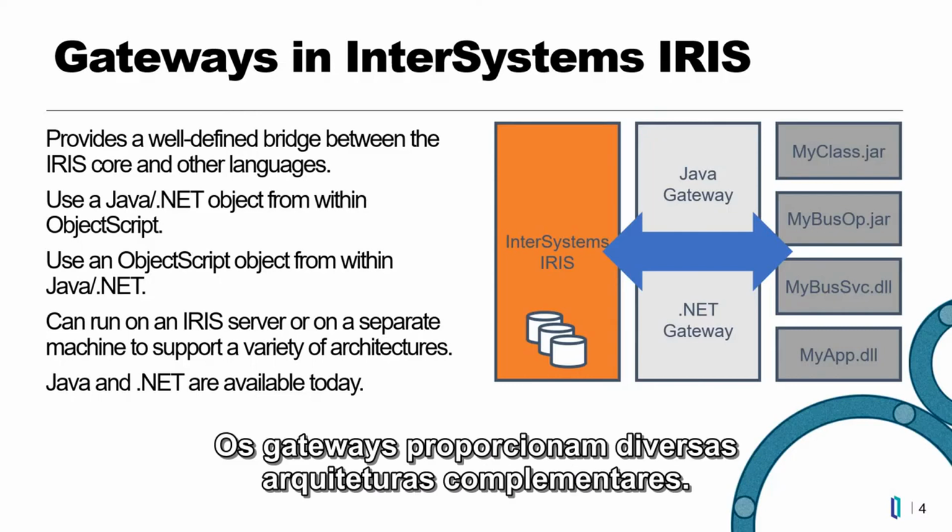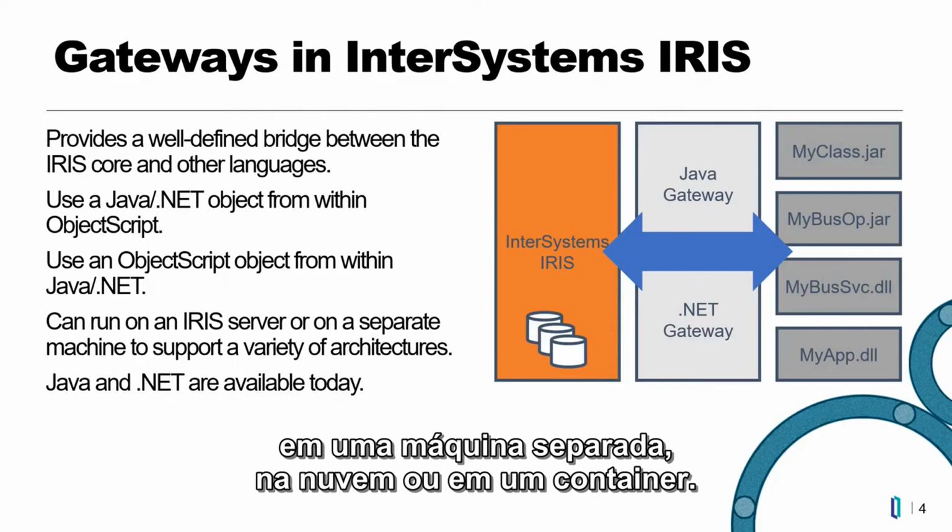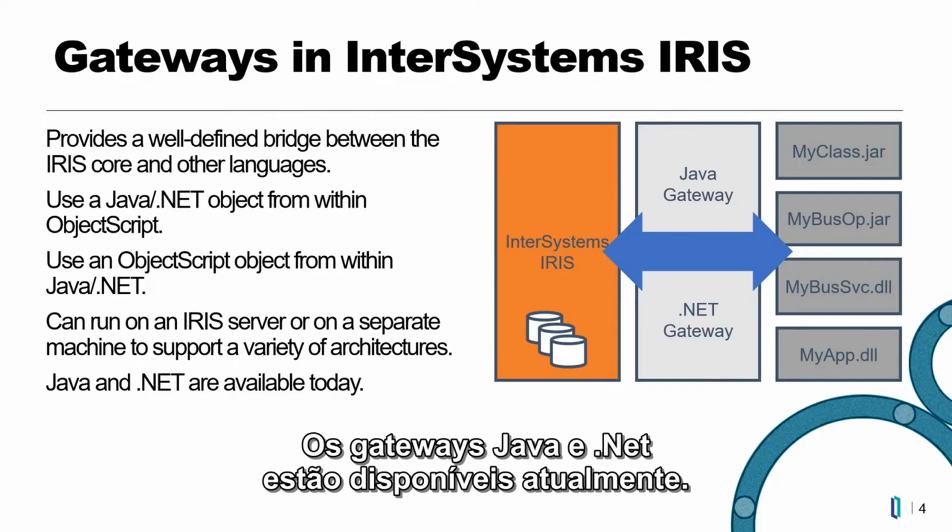Gateways provide a variety of deployment architectures. You can deploy them alongside InterSystems IRIS, on a separate machine, in the cloud, or in a Docker container. Java and .NET gateways are available today.